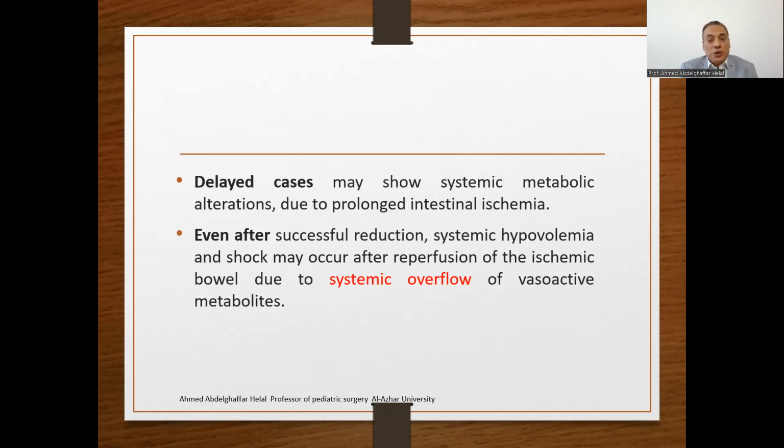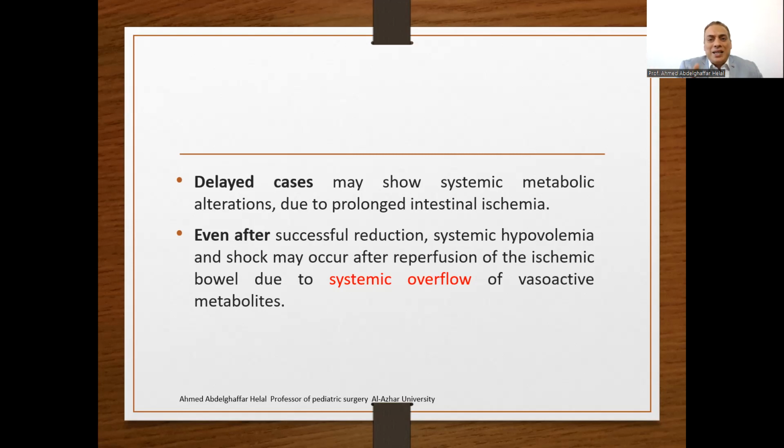So it's very important not to delay the diagnosis and the treatment of this serious condition, as delay in the diagnosis may lead to systemic hypotension and subsequent shock in some children due to reperfusion syndrome, like what is reported in the lower limb.